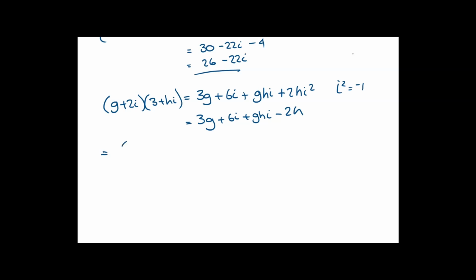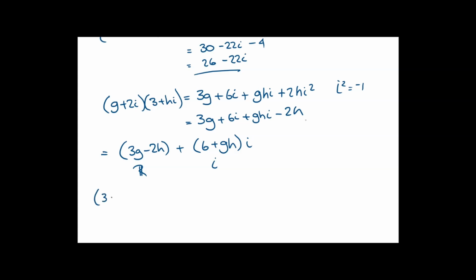So that's going to be equal to 3g minus 2h. This is the real part, plus (6 plus gh), and this is the imaginary coefficient, i. Now I think we're just going to set these against each other.